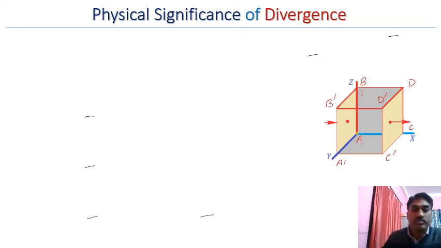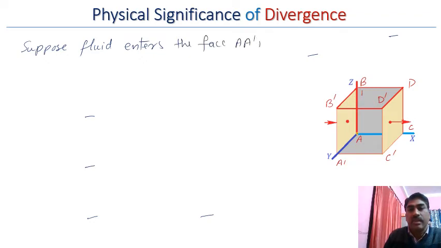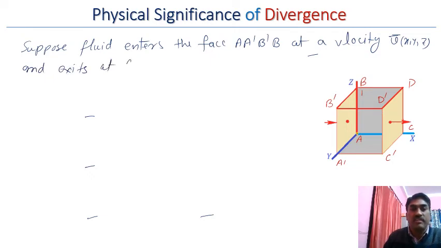Suppose fluid enters the phase A dash B dash B at a velocity v of x, y, z, and exits at phase C, C dash, D dash, D at a velocity v of x plus dx, y, z.